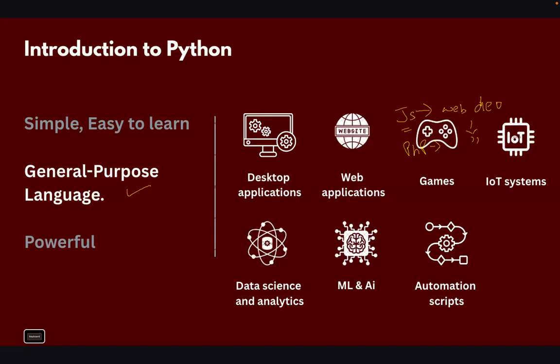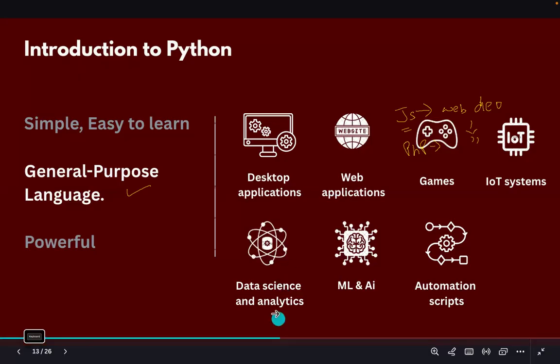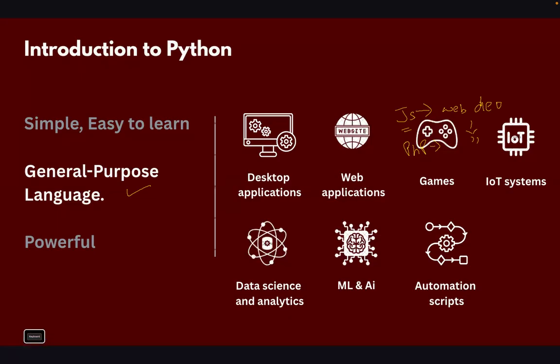So Python has libraries, it has frameworks. For all these domains, each department has its own libraries and frameworks in Python. For example, for web applications, you have frameworks like Django and Flask, right? To develop data science and analytics projects, you have NumPy, Pandas, TensorFlow, PyTorch.